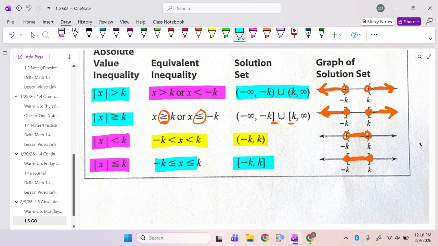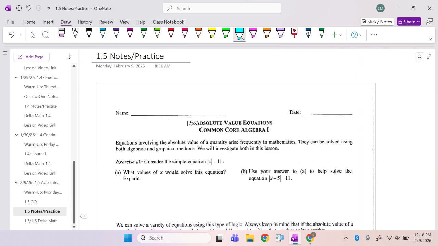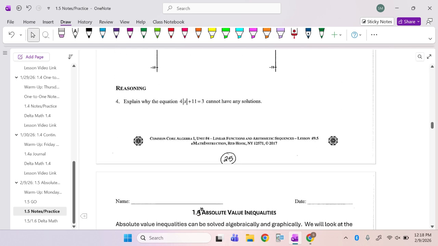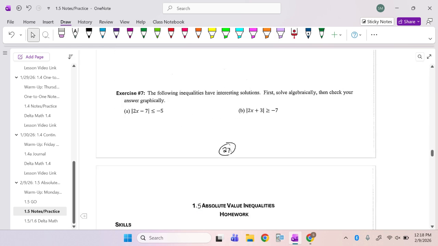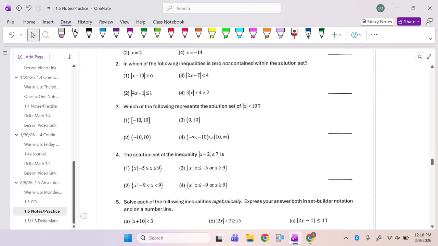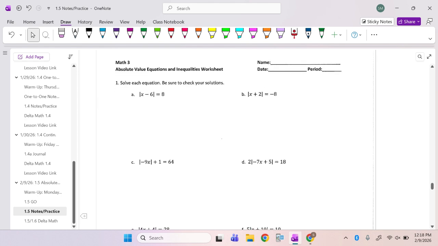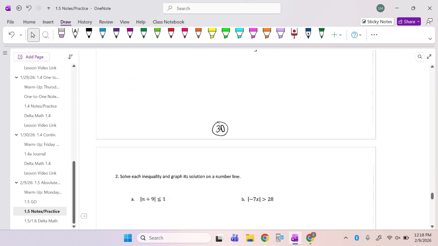All right. So what I want you guys to do now, take out your packet. We're going to do a little bit more practice with this, so you guys can get a little bit more practice with Desmos. So take out your packet and let's go to page 30.